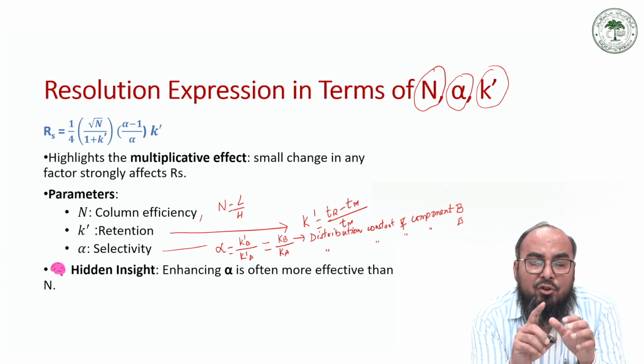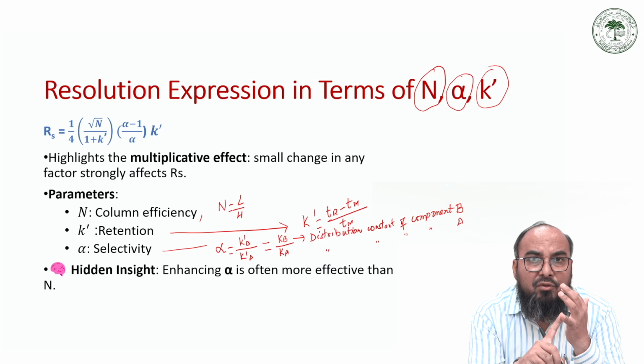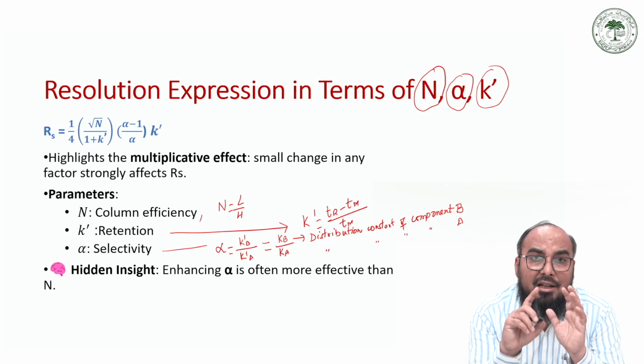Now one thing which you have to keep in mind, that B is that component which is having a stronger interaction with the stationary phase, and because of the stronger interaction it is going to elute at a later time.